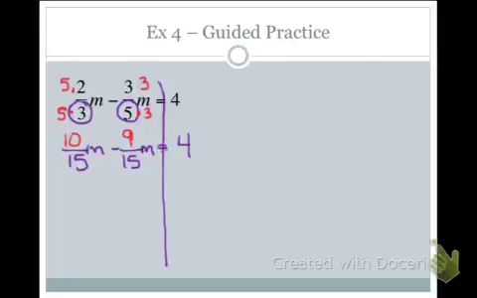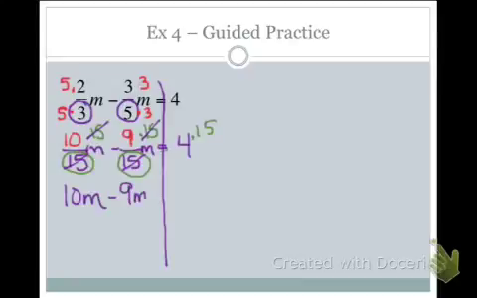At this point in time, we want to get rid of all of our divide by 15, so the opposite of divide is to multiply every single term by that number in the denominator. Now remember, on the other side, the 15s are going to cancel. That's why we multiplied every term by 15. And it leaves me with just my numerator terms.